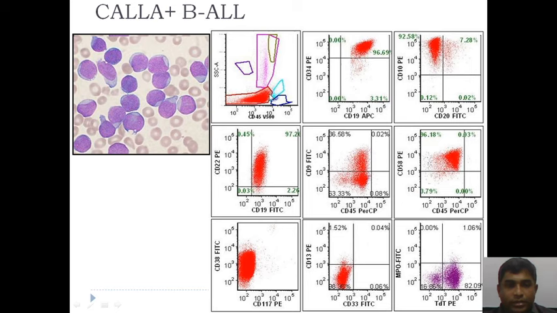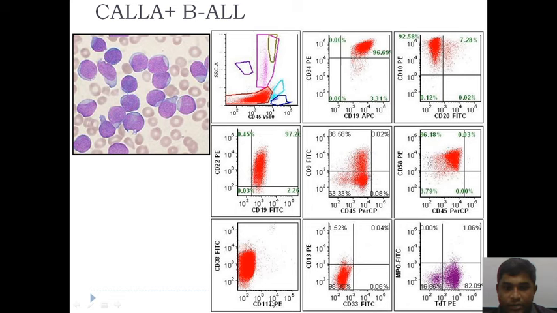This is another case where you can see the red population, which is CD45 dim, and it is showing positivity for CD19. You can see CD19 here, it is on the right side, so it is positive, and it is positive for CD34, so on the y-axis it is on the higher side, and it's positive for CD10. So we have a population which is positive for B cell markers CD19 and CD10, as well as CD22.